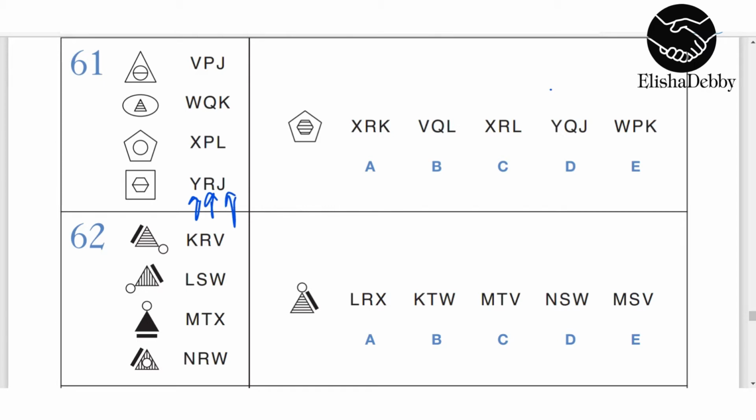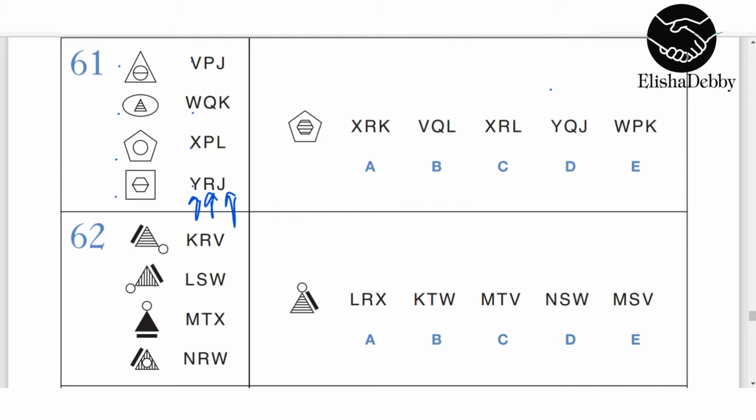Now we need to ask ourselves, what does the first position letter mean? V, W, X, Y. These are 4 different letters. That means these shapes have all 4 different things. So what can we say is different about them? I will say the first letter will be the shape around it.